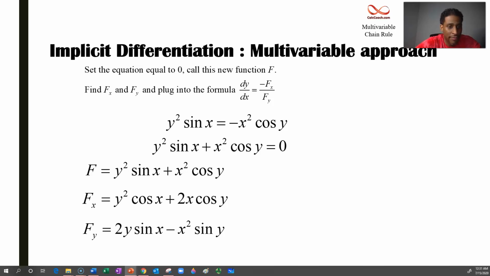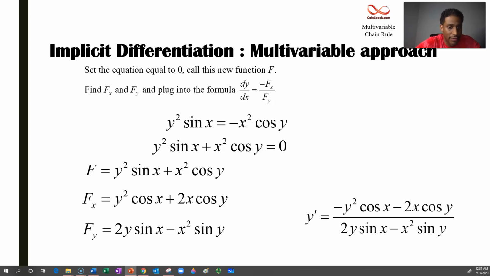And then you're done. Divide and take the opposite. It's cleaner, not as involved as the other one, and you get to the same point. y prime or dy dx is equal to that formula.